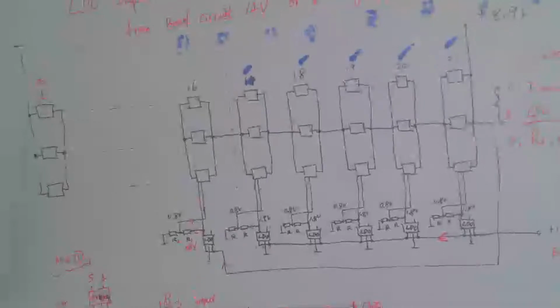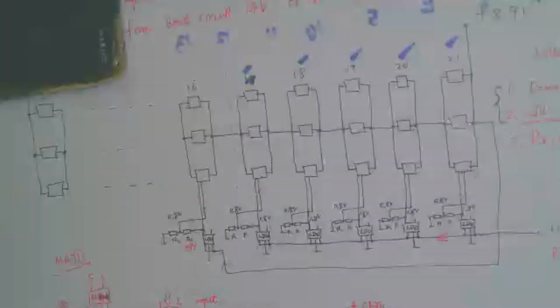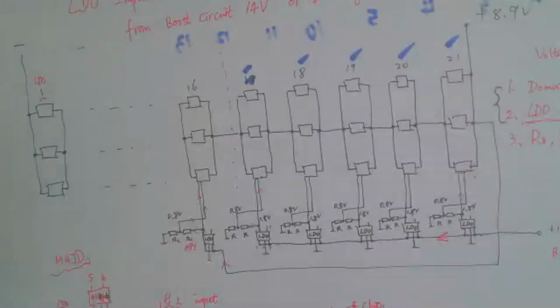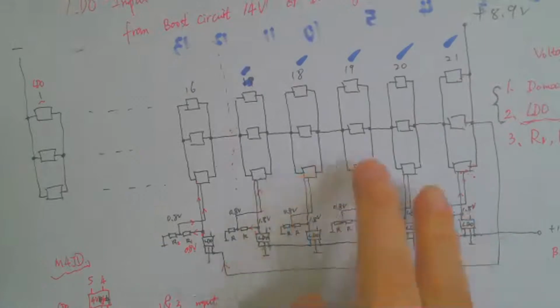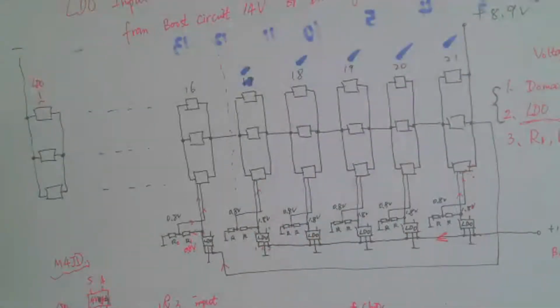There are 21 domains in total, and each domain voltage is nearly 0.42 volts.